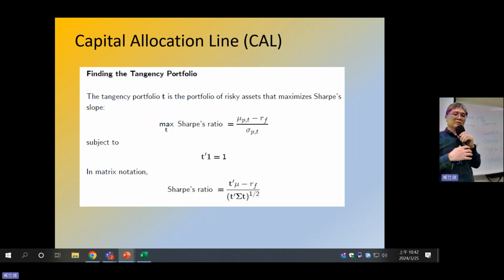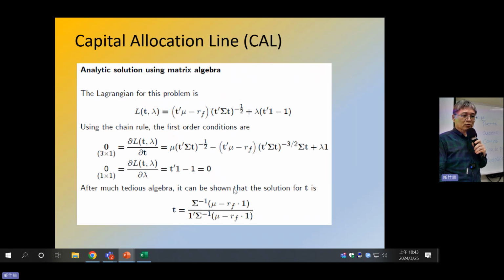So now it becomes very straightforward. We just need to maximize the Sharpe ratio. So this is a very simple question right now. What we can do is generate a Lagrangian function for this problem.